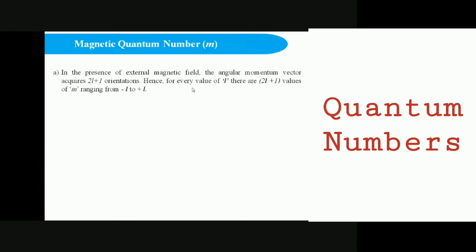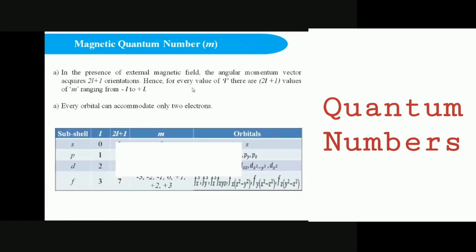Then if we know the azimuthal quantum number, we can calculate the magnetic quantum number. It is 2l plus 1. Okay, this means every azimuthal quantum number will have 2l plus 1 magnetic quantum numbers. So this is the number of magnetic m numbers.